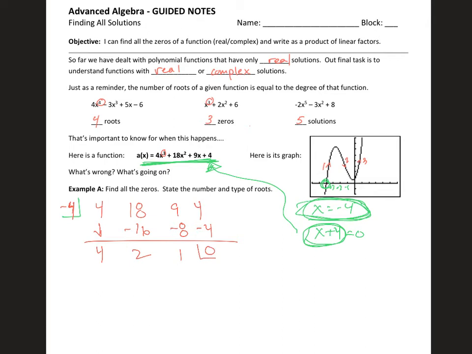Okay, now hopefully everybody in here understands that that should be 0 as a remainder, right? Because if this is a solution, and I know that's the factor of that solution, since I know the solution is negative 4, the corresponding factor I know has to be in it, right? So there should be a remainder of 0, that it does go into that particular polynomial function evenly, okay?